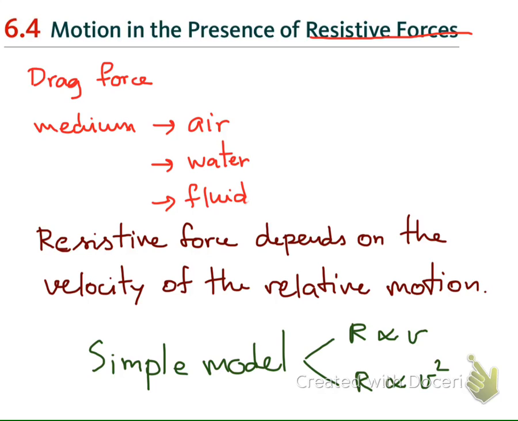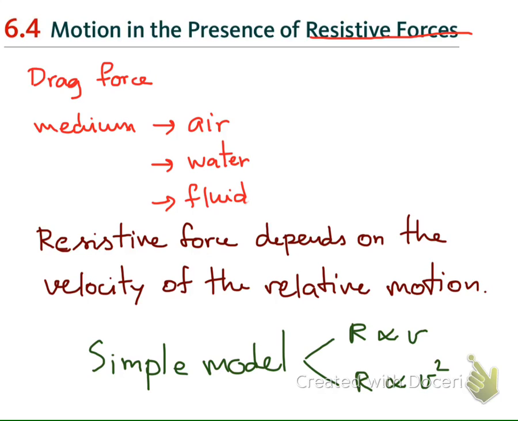That is, we will talk about the effect of the resistive force of the object that falls vertically in the medium. So, we will discuss the magnitude of the resistive force only. The vector nature of the resistive force is quite complicated.